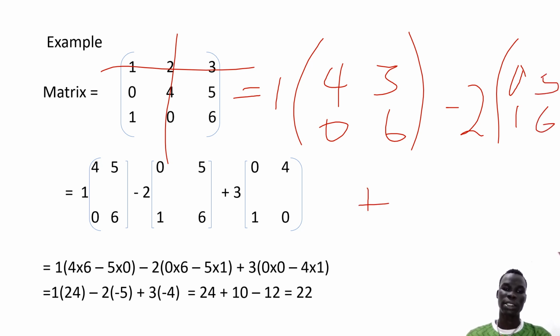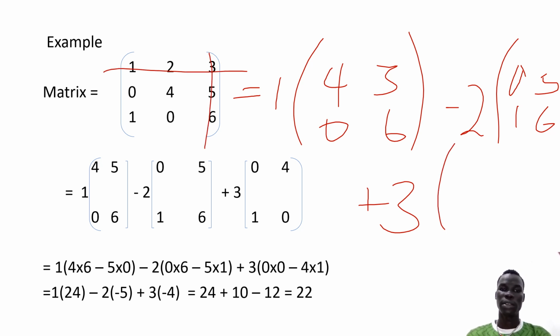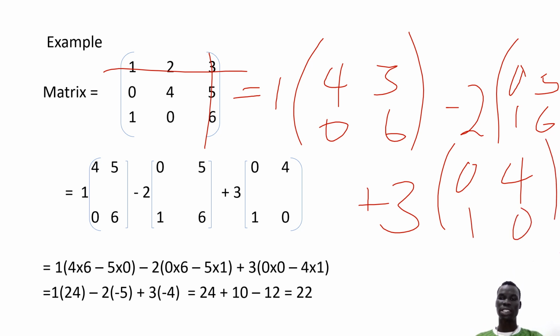Then plus 3, you remove the third column, row 1. Then it's going to be 0, 4, 0, 5.